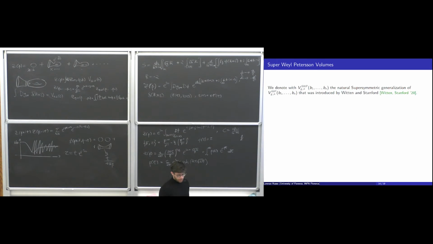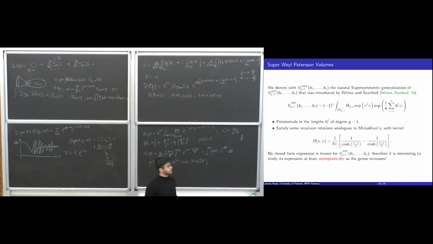They also come with a supersymmetric generalization that was introduced by Witten and Stanford when they discovered, or invented, this supersymmetric generalization of JT gravity. They also have a mathematical definition in terms of integrals on the moduli space, and again they are polynomials, with a different degree from the others, degree g minus 1, and they satisfy recursion relations analogous to Mirzakhani's and can be computed using this kernel.